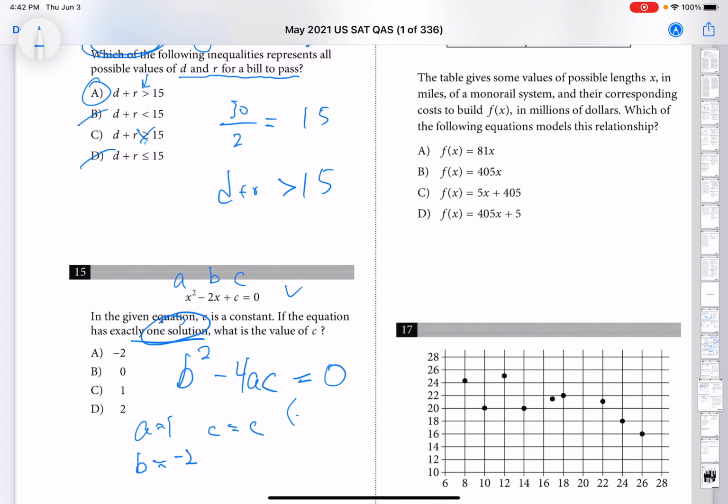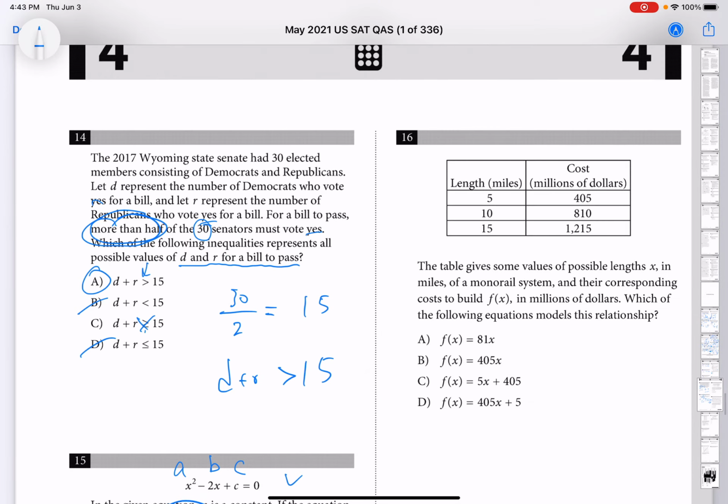We're going to get -2 squared minus 4 times 1 times c, and this should equal 0. -2 squared is 4, minus 4c equals 0. So c should equal 1, because with c equals 1, it will be equal to 4 minus 4, which is 0. So the answer for number 15 should be C, which is equal to 1.